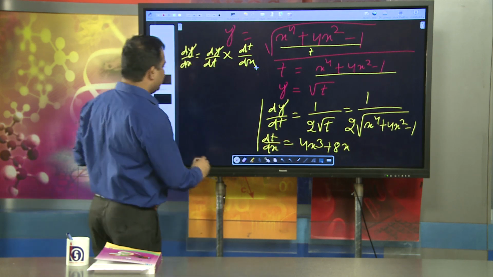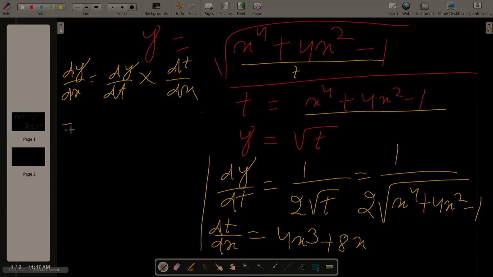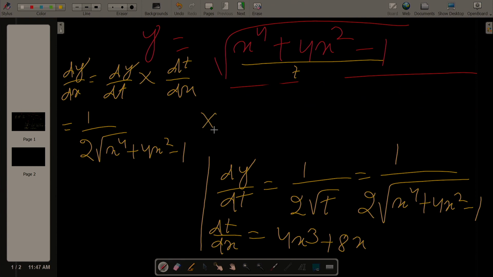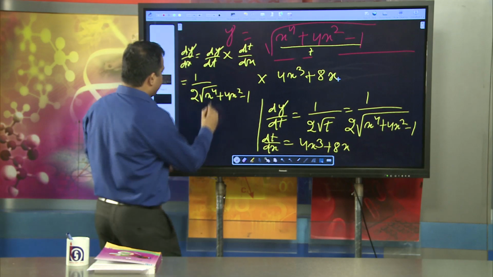So what will you get? That is very simply 1 by 2 square root of x^4 plus 4x^2 minus 1, multiplied with 4x^3 plus 8x. That means 1 by 2, the whole square root.